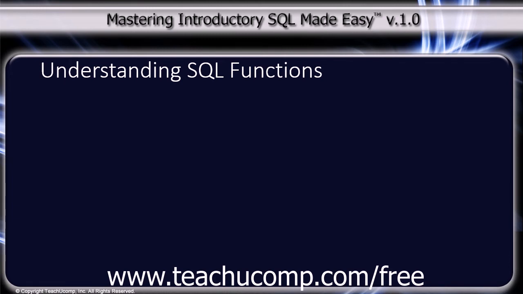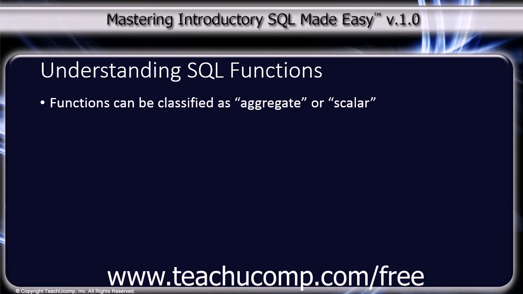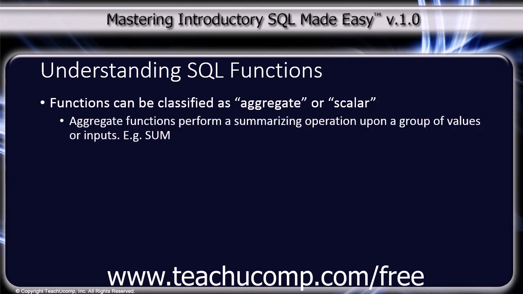In Lesson 3.8, the group by clause and aggregate functions, you learned how aggregate functions perform calculations on grouped values. Aggregate functions are considered one of the primary types of functions within SQL. These functions perform a summarizing operation upon a group of values or inputs to return a summary value.